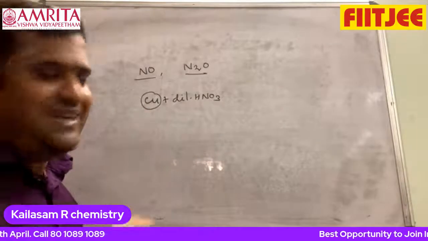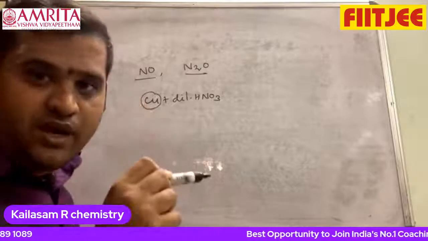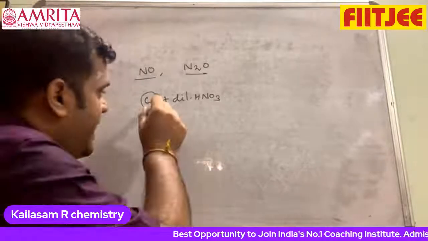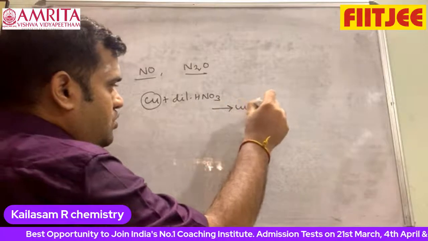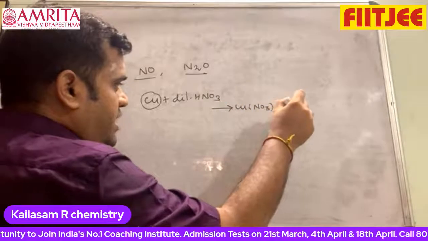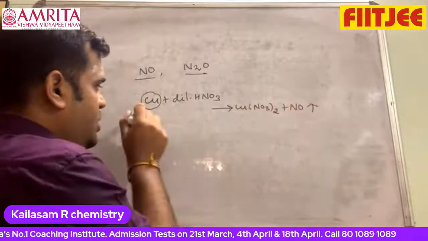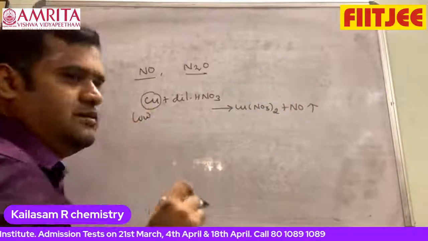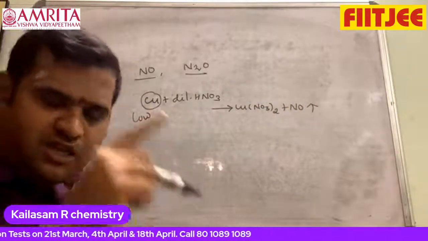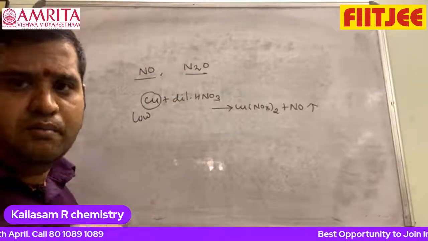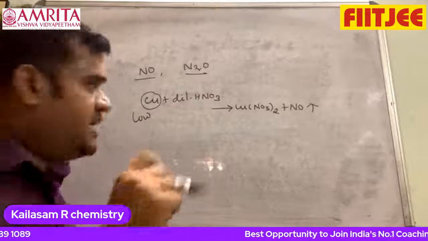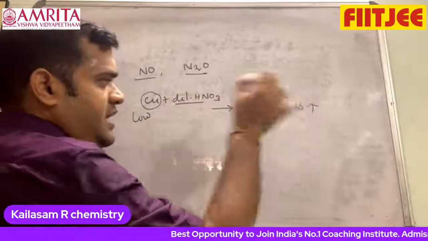Whenever a low reactive metal such as copper or silver reacts with dilute HNO3, it always produces the nitrate, Cu(NO3)2, plus NO gas liberated. Low reactive metals, such as silver, copper, mercury, with dilute HNO3 liberate NO gas.